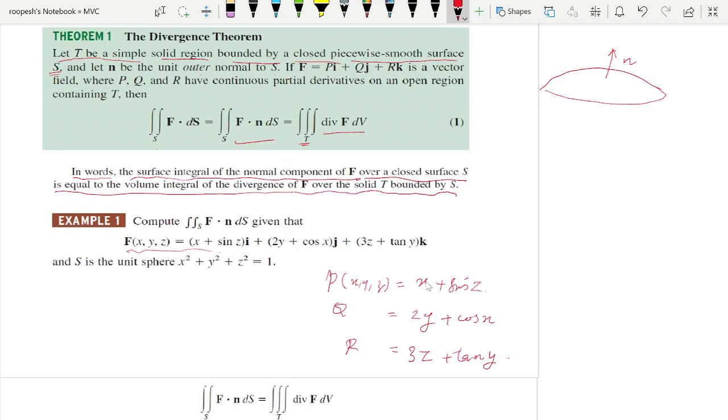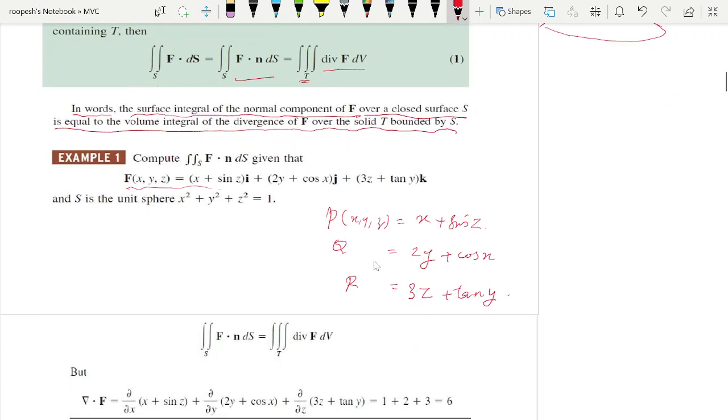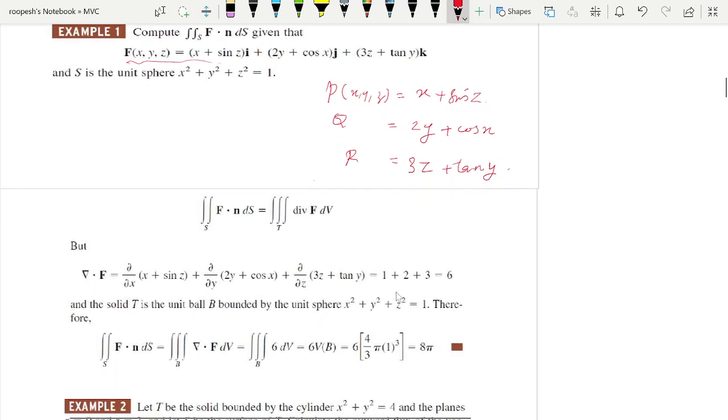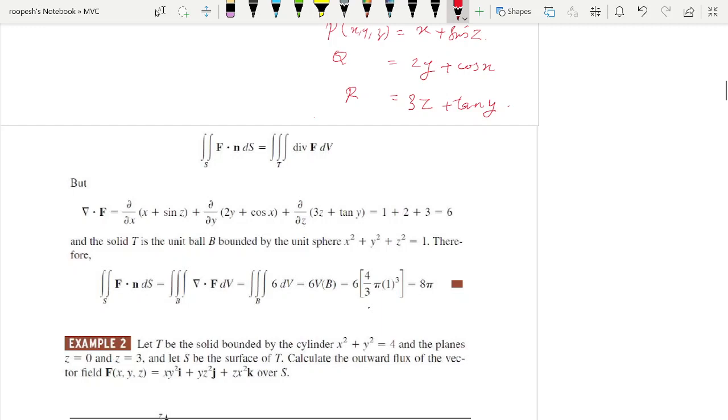So this much is given. Now we know from the formula that the double integral over S of F dot n dS is equal to the triple integral over T of the divergence of F dV. Now we want to find the divergence, so that means del dot F. Del dot F is dou by dou x of P plus dou by dou y of Q plus dou by dou z of R. You'll get this to be 6.